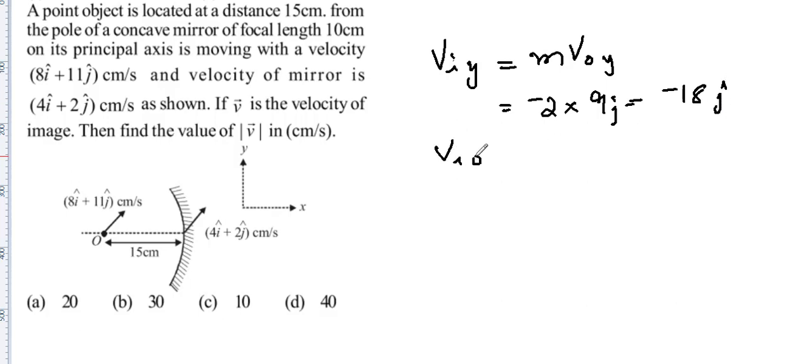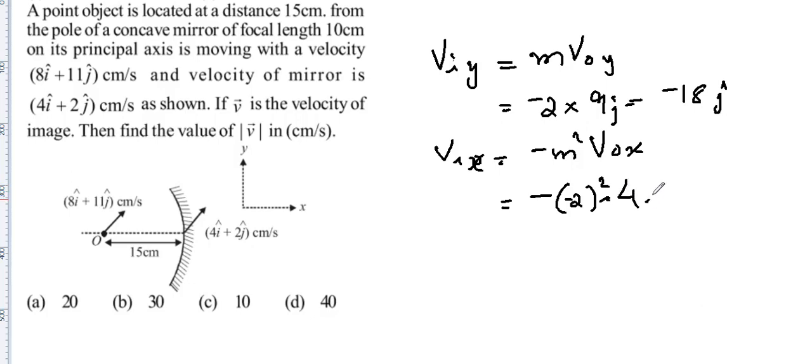Velocity of the image in the x direction equals minus m square into the velocity of the object in the x direction, which is minus of minus 2 square into 4i, so it gives you minus 16i. Okay, minus 16i.